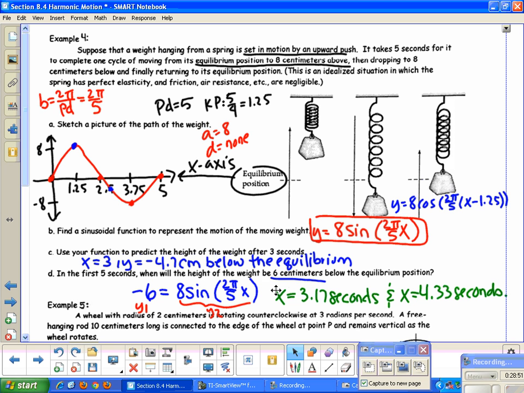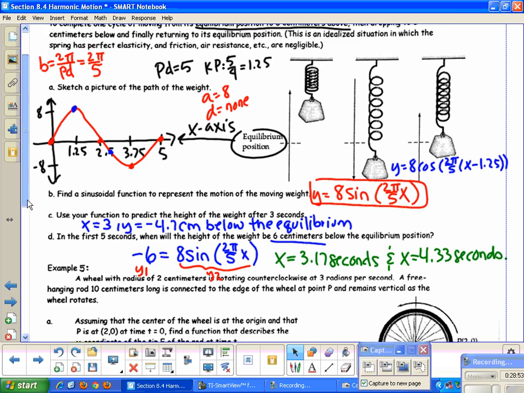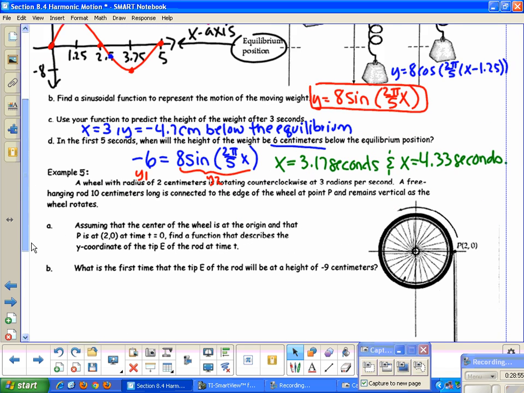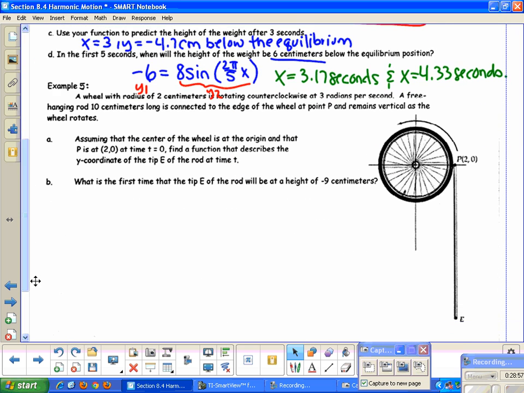Okay. So we have one last question here. And I'm going to have you guys finish this, but I'm going to start it with you. It says that, let me erase that right there. A wheel with a radius of 2 centimeters is rotating counterclockwise at 3 radians per second. A free hanging rod 10 centimeters long is connected to the edge of the wheel at point P and remains vertical as the wheel rotates.